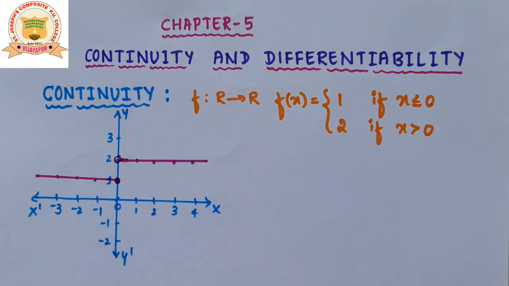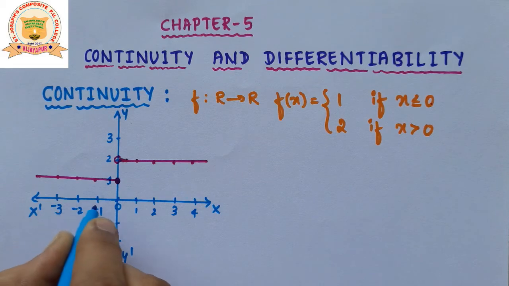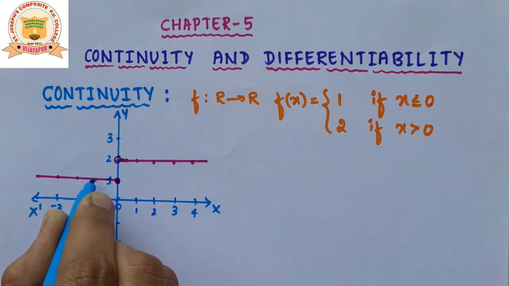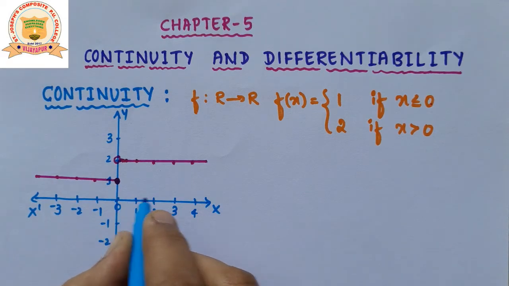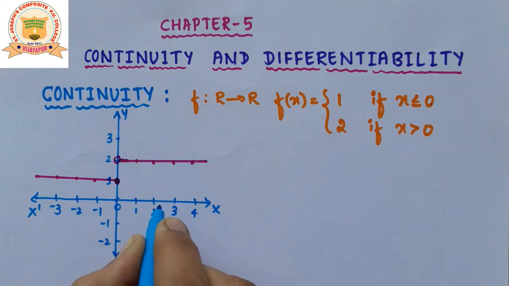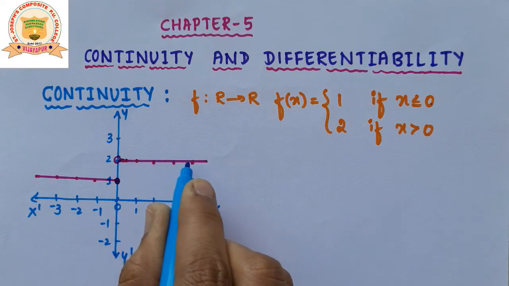This function is defined at every point of the real line. If you see the graph, for the negative values minus 1, minus 2, minus 3, the value of the function is 1 only, and for the right hand side of the origin, 1, 2, 3, the value of the function is 2.